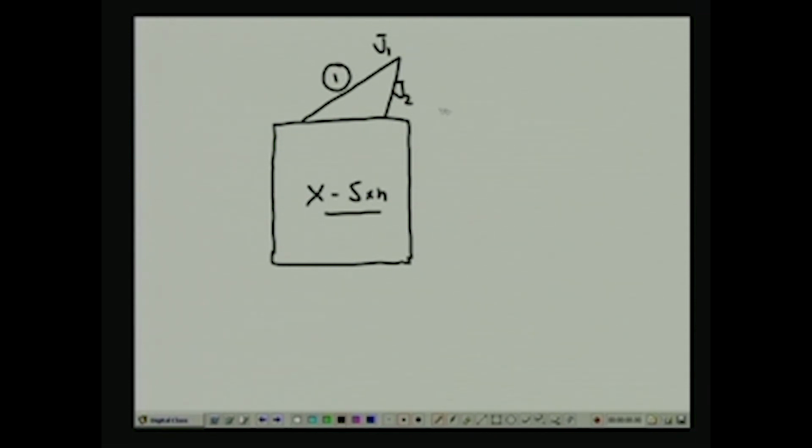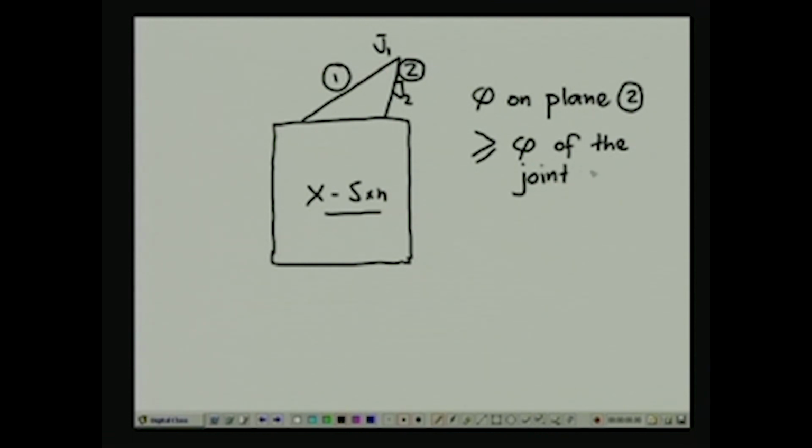If we neglect the resistance due to dilatancy on surface 1, and purely consider the frictional resistance mobilized on plane 2 at the bottom of the wedge, then if the friction angle mobilized on plane 2 is greater than or equal to the friction angle of the joint surface, we are going to have no problem.